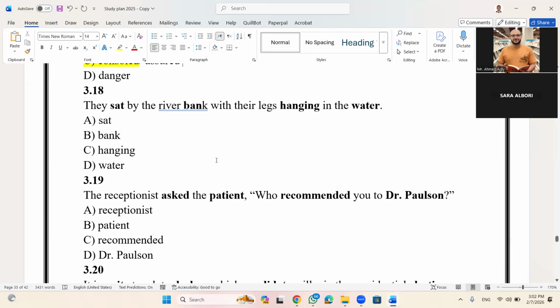18. They sat by the river bank with their legs hanging in the water. It's bank? No, river bank is good. They sat, it's good.